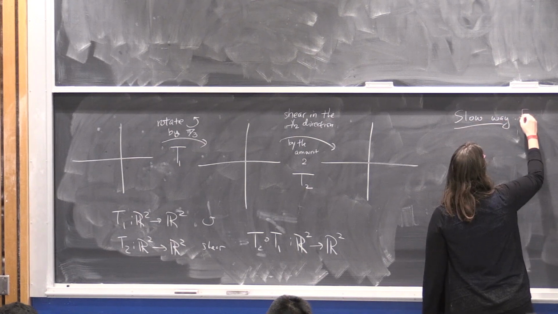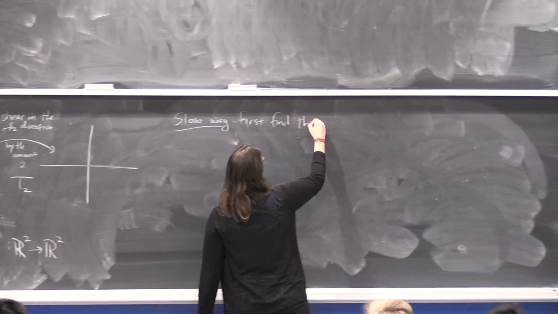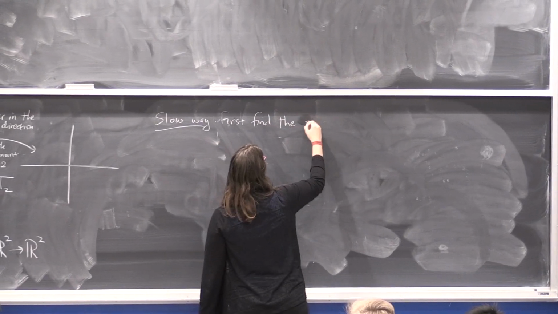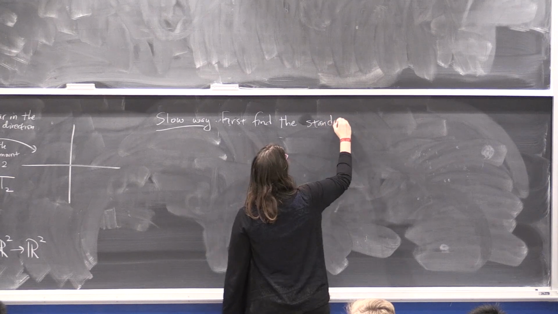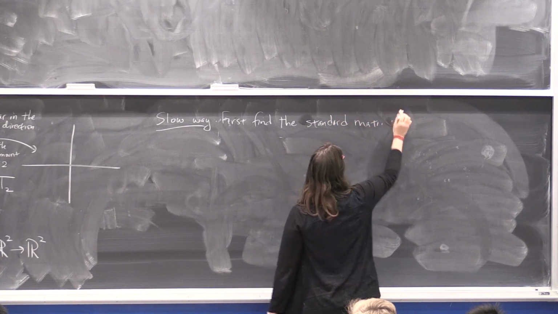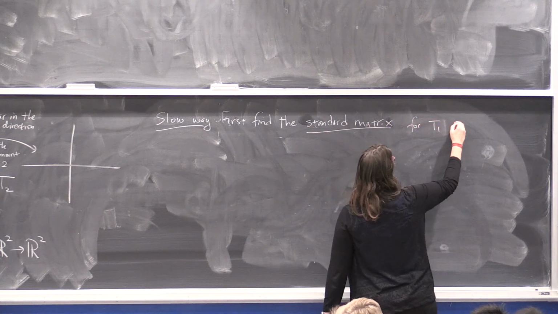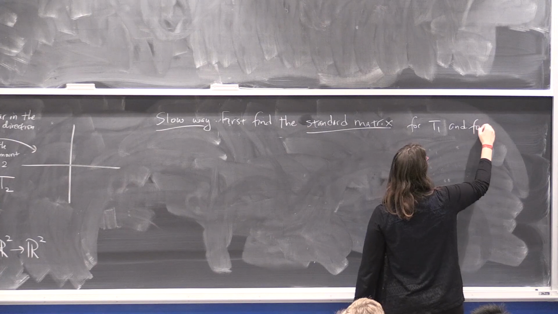is to first find the standard matrix for T1 and for T2.